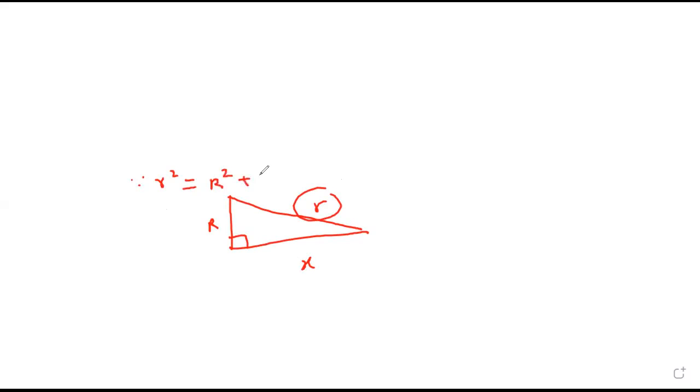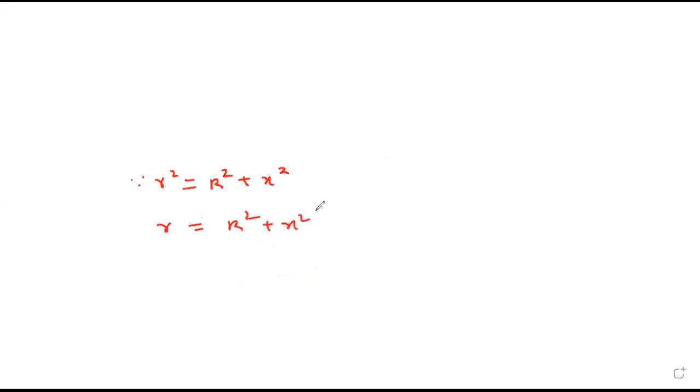Okay, this is capital R, this is x, this is r. They form a right angle triangle. r is the hypotenuse, so r square is capital R square plus x square. I think you all know this Pythagoras theorem. If I take the square root on both sides, the whole thing is raised to 1 by 2.